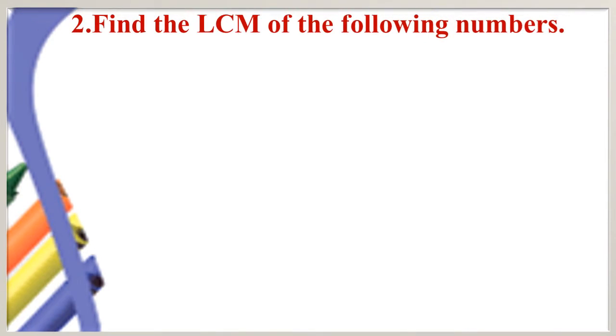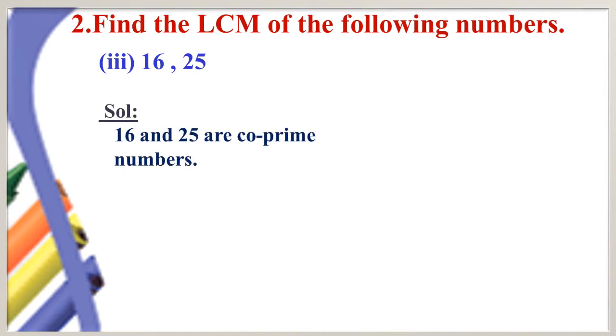Next, the second problem, find the LCM of the following numbers. The given numbers are 16 and 25. We know 16 and 25 are co-prime numbers because HCF of 16 and 25 is 1.